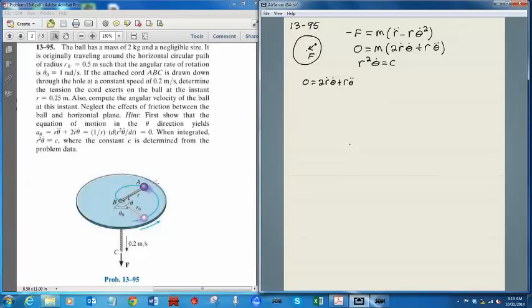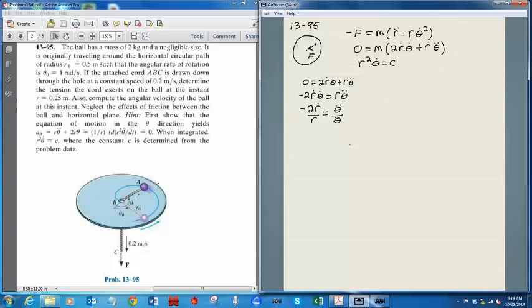And then what I'm going to do is separate the variables. I'm going to put all the R things on one side and all the theta on the other. So I'm going to have minus 2 R dot theta dot equals R theta double dot. Now to separate the things, I'm going to divide through by a theta dot and divide through by an R. So when I do, I end up with minus 2 R dot divided by R equals theta double dot divided by theta dot.